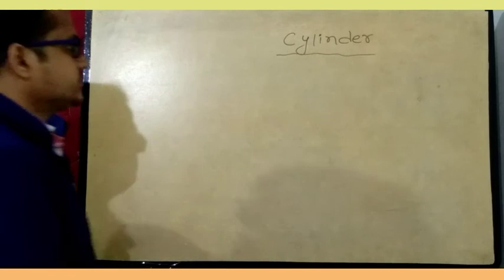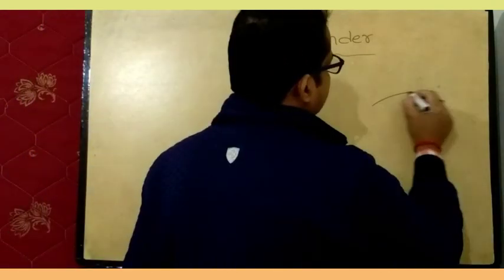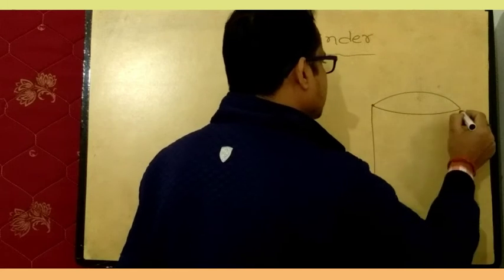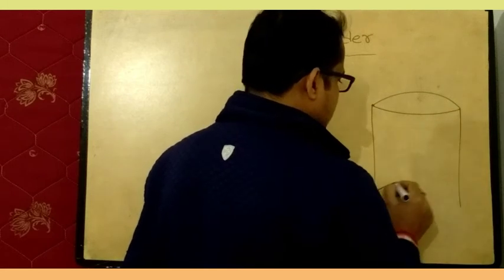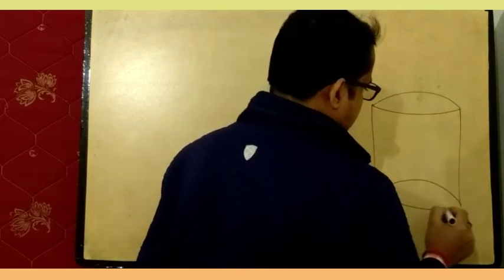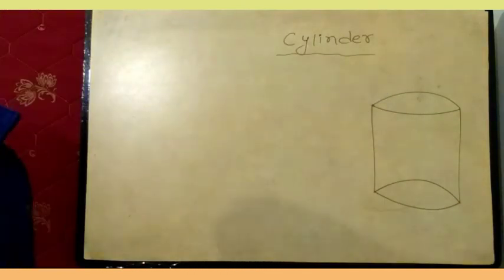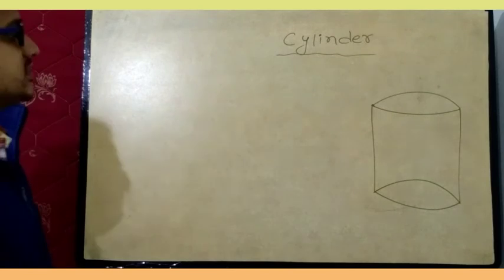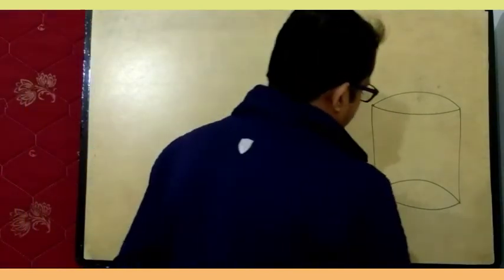Cylinder. Just like cube and cuboid, cylinder is also a three-dimensional figure or three-dimensional object.